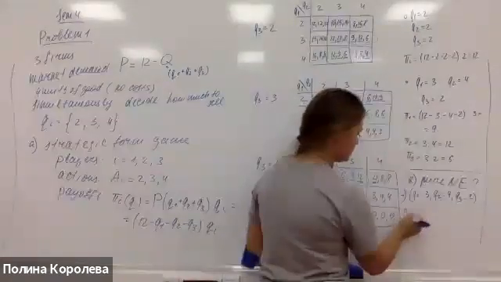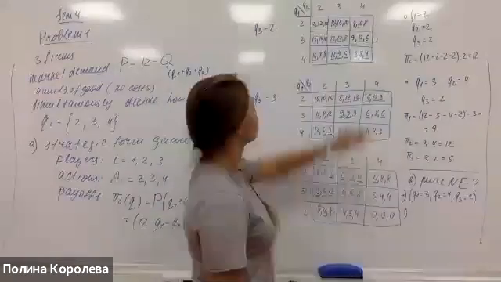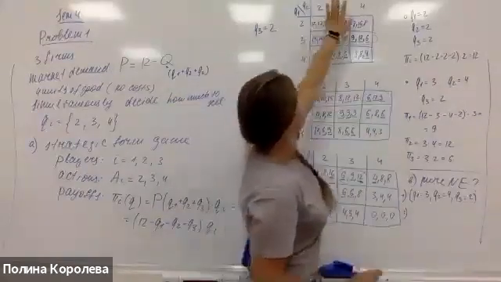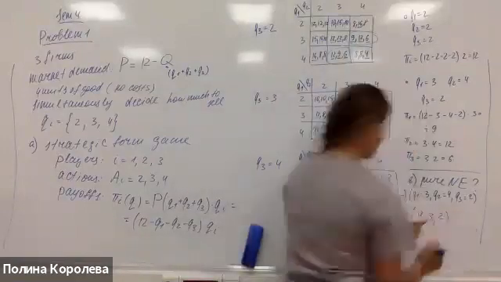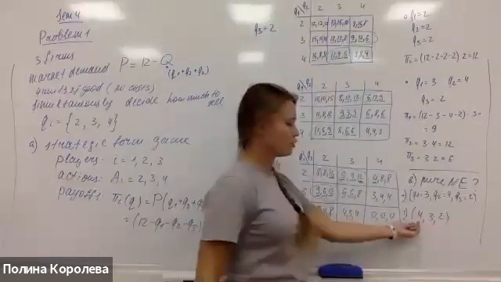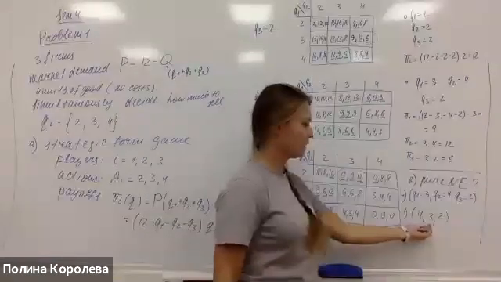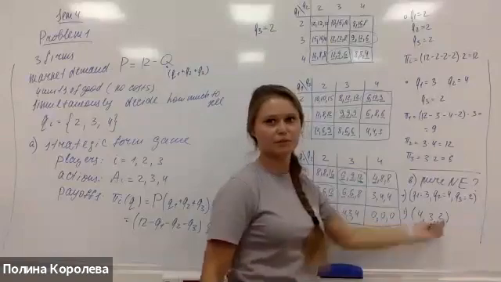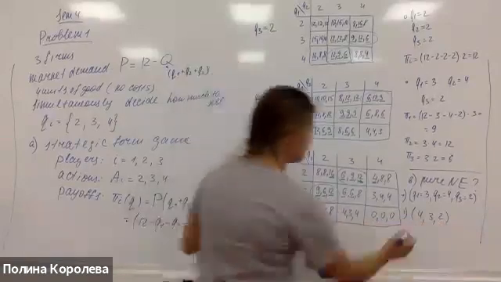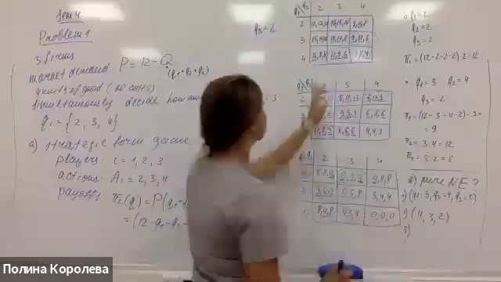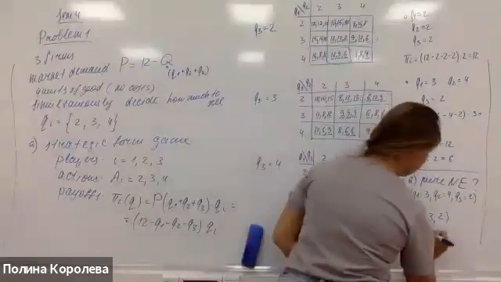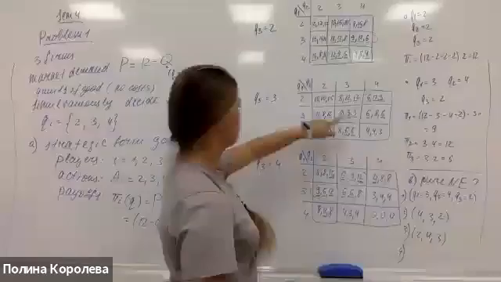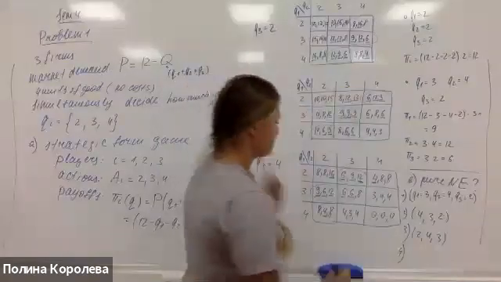First, second. Here, 4, 3, 2. On the first place is the strategy of the first player, here the strategy of the second player, here the strategy of the third player. Third. Here, 2, 4, 3. Next, 3, 3, 3.